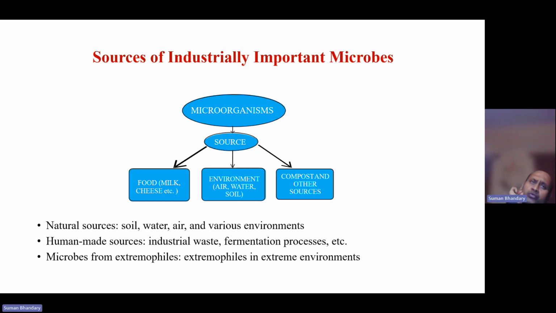The first and foremost, the organism must be capable of growth and product formation in large scale culture. That means if you are scaling up from lab scale to large scale, the microorganisms should be capable of growing as well as producing the desired product on a large scale.